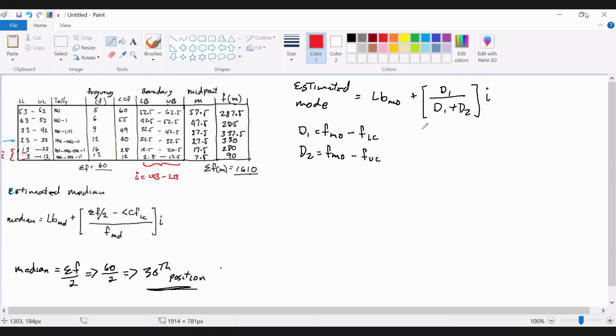Definitely I is equal to your interval. Your LBMO is your lower boundary of modal class. FMO, take note, this is not the less than cumulative frequency, it's just F, meaning frequency of modal class.